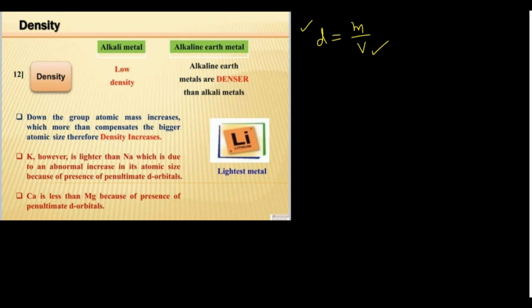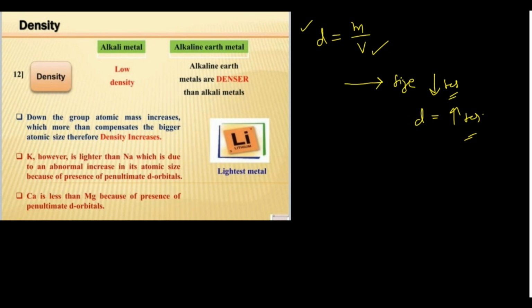When you move across the period, your size decreases. And when the size decreases, definitely density increases. Okay, that means your alkaline earth metal should have higher density than the alkali metals, and it is true also. Alkaline earth metals are denser than the alkali metals due to this particular concept.